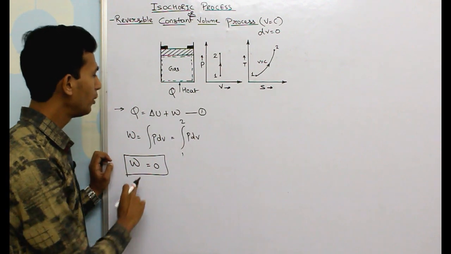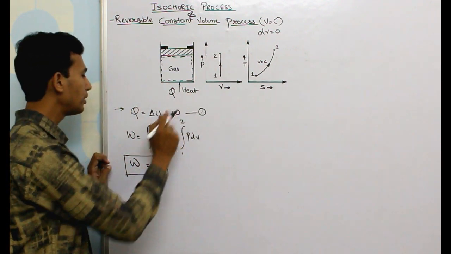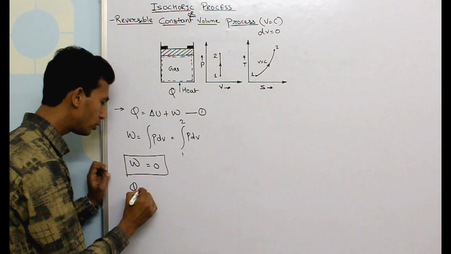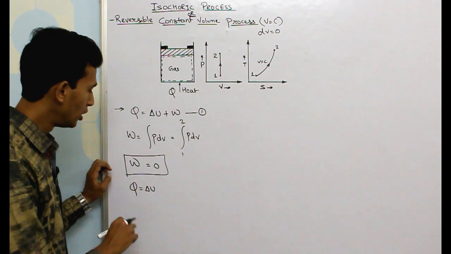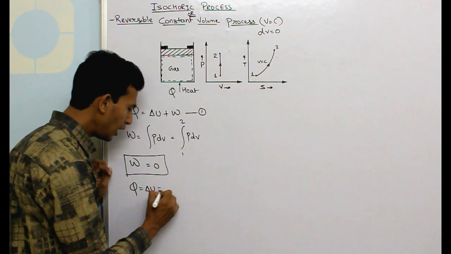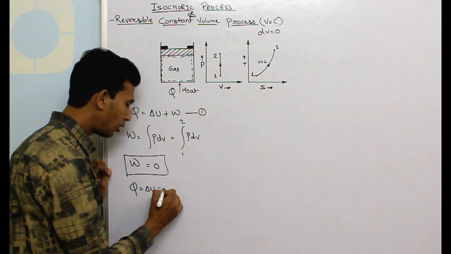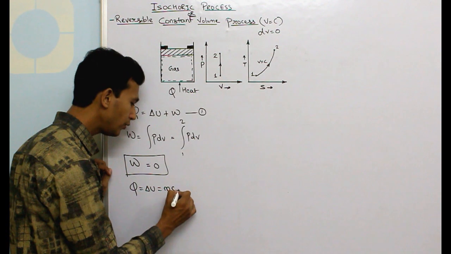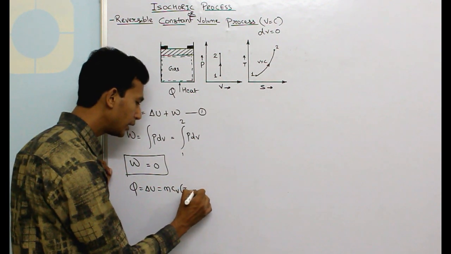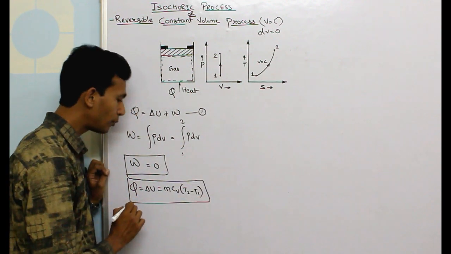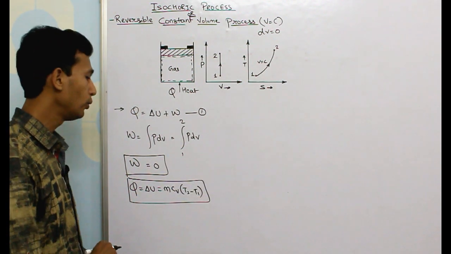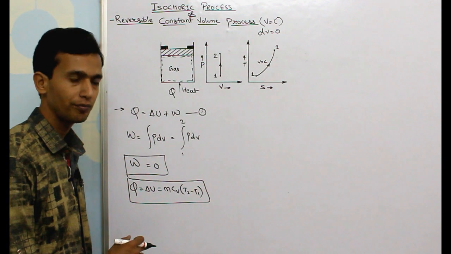So this is the value of W. Substituting this value in this equation, we get Q equals to delta U. This becomes 0. So delta U is nothing but given by formula M into CV into bracket T2 minus T1. So this is the equation of amount of heat supplied during a constant volume process.